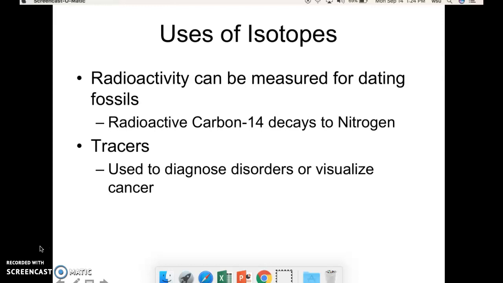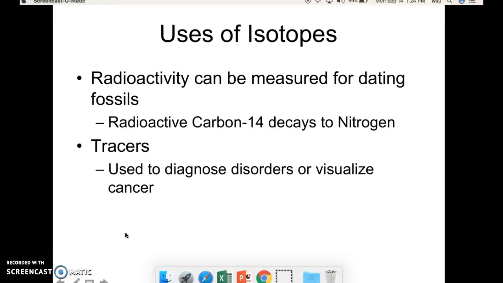So isotopes are important, but they are radioactive, which can be helpful for measuring and dating fossils and things that we find. Radioactive carbon-14 decays to nitrogen, so we can measure the amount of nitrogen that is available. Now, we use them often in today's world as tracers, and they usually help us to diagnose or visualize things like cancer.